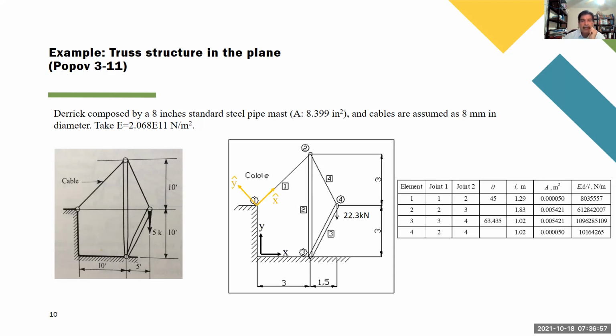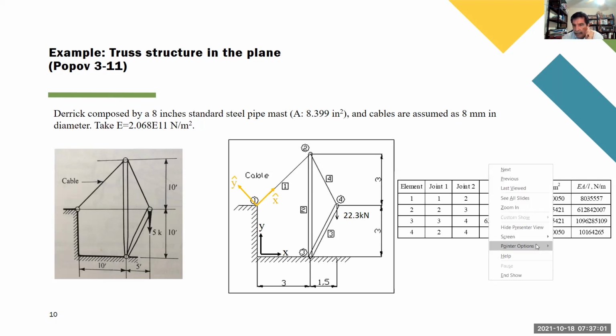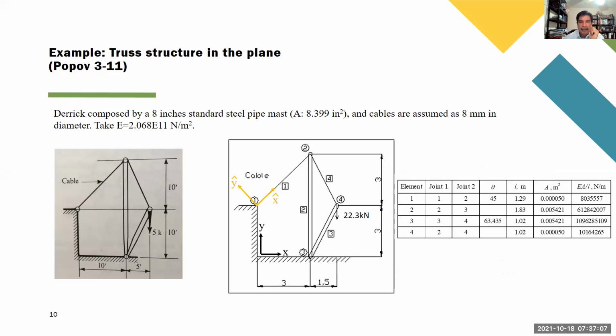For example, this is the first element. So this is the element that goes from joint 1 to joint 2. In this case, this is the global reference system. So this is theta for the first element.